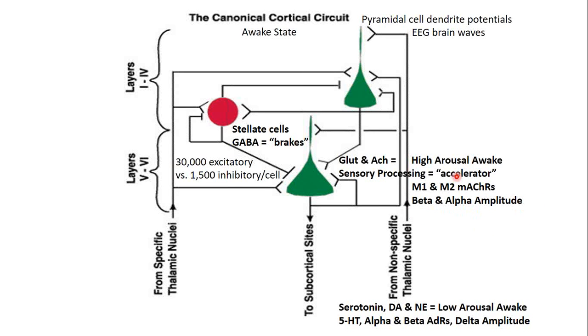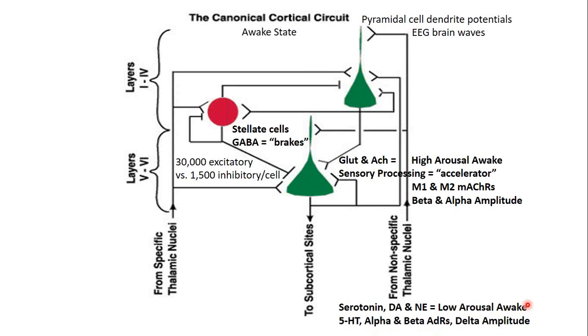Okay, the beta and alpha amplitudes are coming from these acetylcholine, we call them cholinergic neurons, projecting to the pyramidal cells, interacting with the pyramidal cells in the awake state, and we would call that high arousal. So we get fast activity in terms of beta and a little bit slower activity with respect to the alpha or the high alpha.